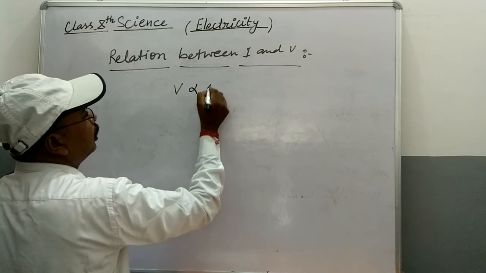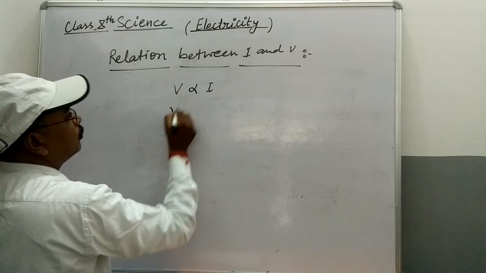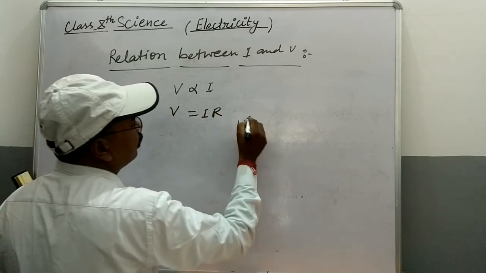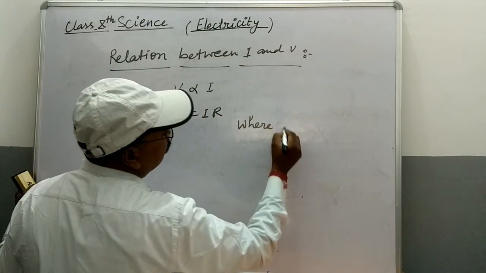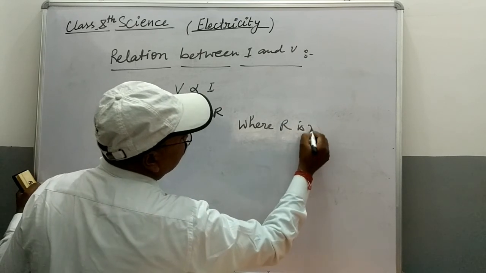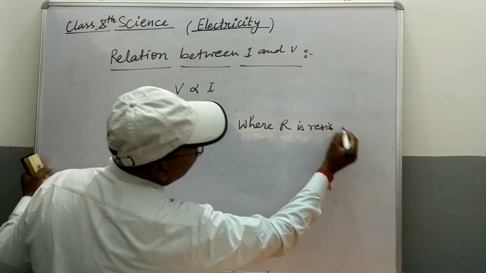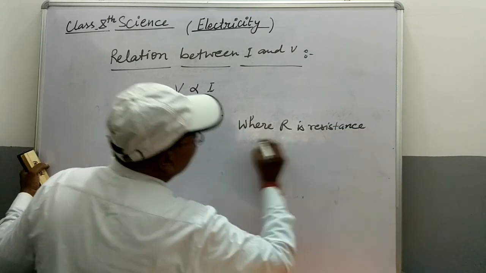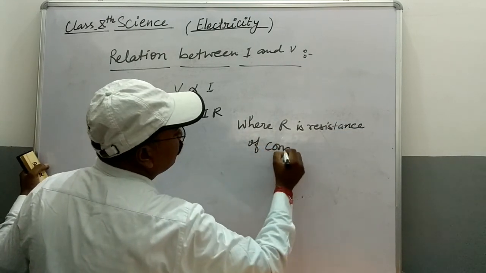V is proportional to I, V equals IR, where R is the resistance of the conductor.